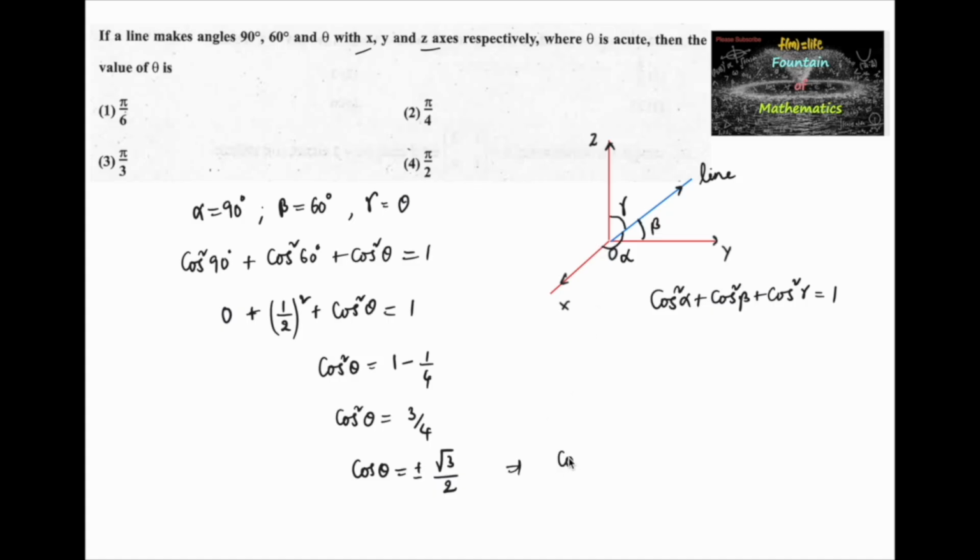So we consider cos theta is root 3 by 2, since theta is acute. So cos theta is root 3 by 2, we will get it as cos 30 degrees, that is pi by 6. So therefore theta is equal to pi by 6, which is our first option.